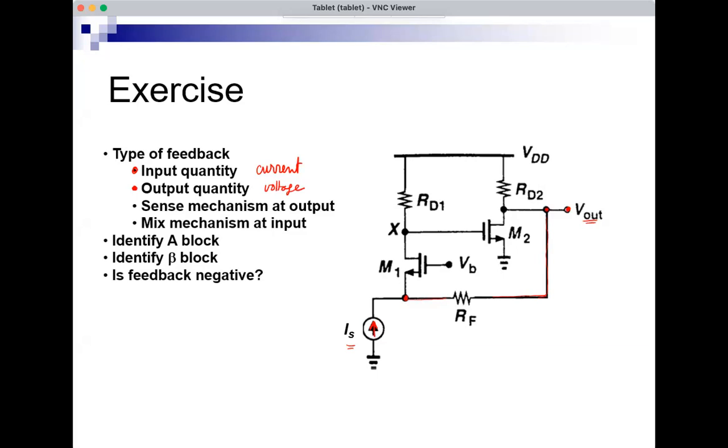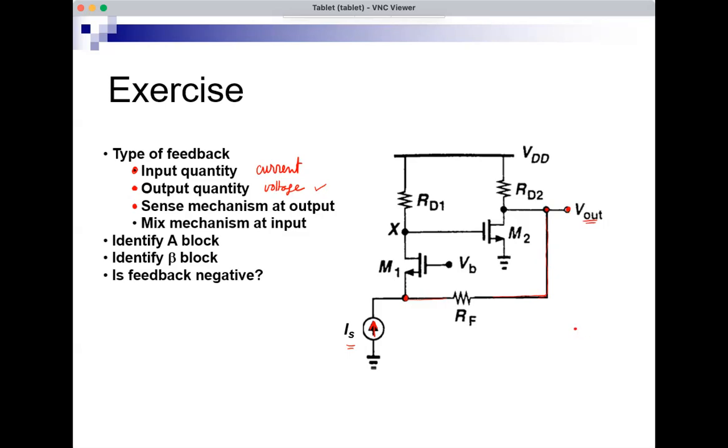What is the sense mechanism at the output? All right, now the output quantity is a voltage, and the sense mechanism at the output would be the mechanism I use to measure the output voltage or to get to the output voltage. So how am I measuring the output voltage? V out is the voltage at this node, and it's to ground.